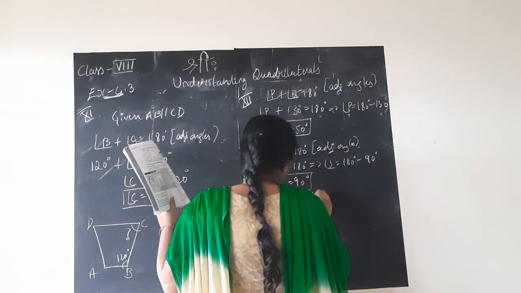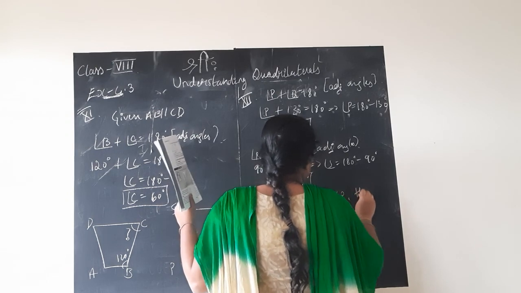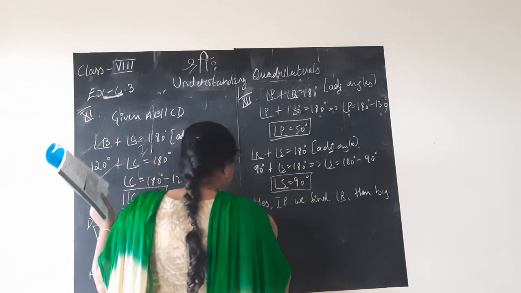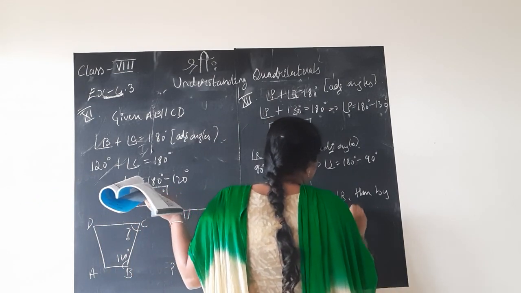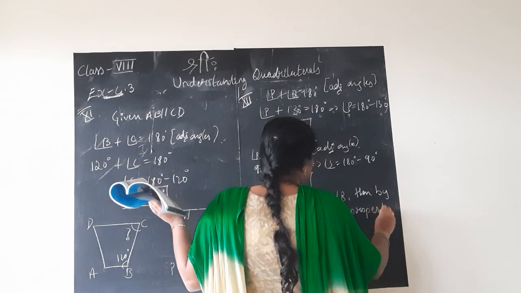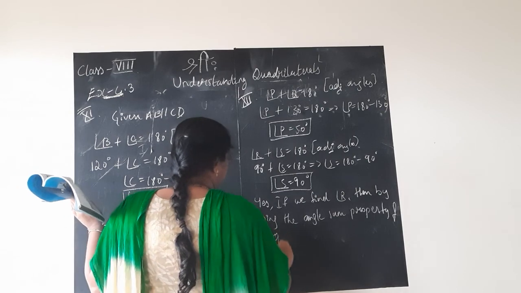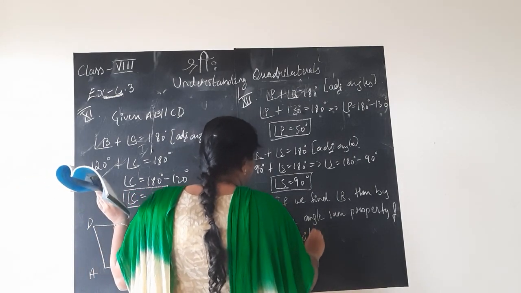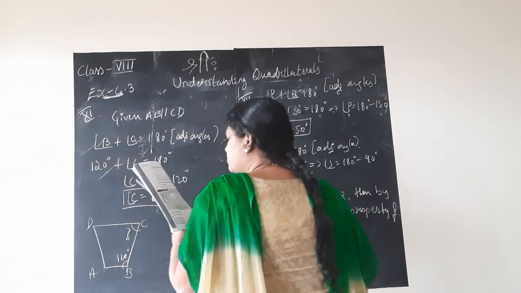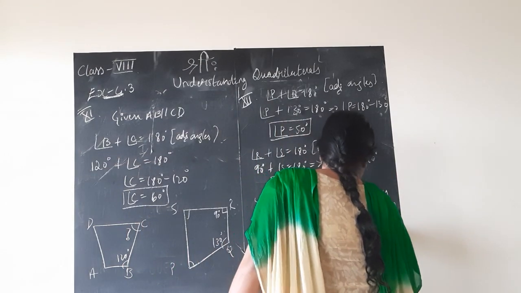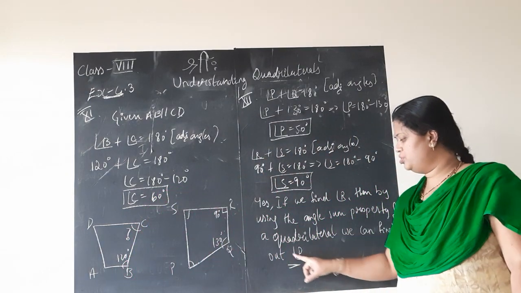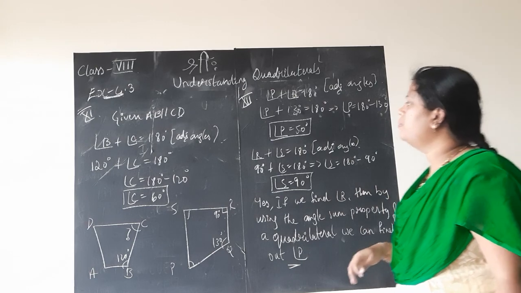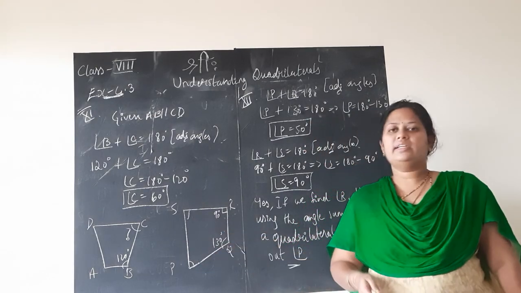If we find angle R, then by using the angle sum property of a quadrilateral, we can find out angle P. Right, you know this symbol, angle P. You should read it as angle P. So, by using the angle sum property method also, you can find out what is angle P.